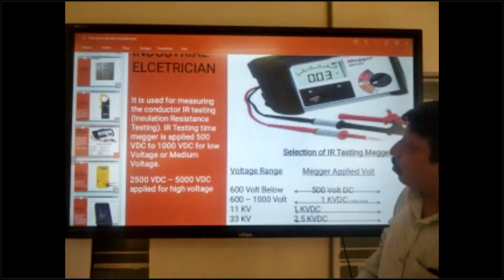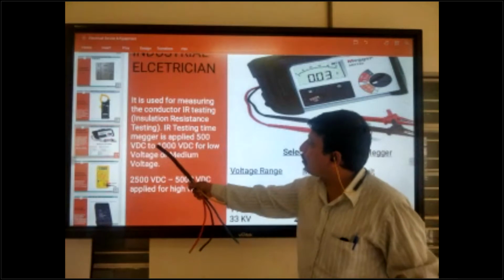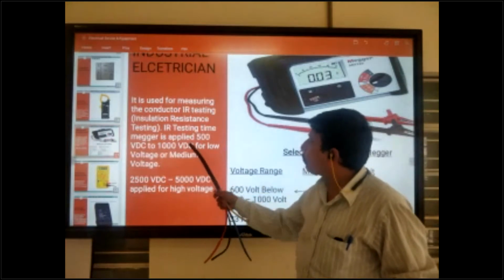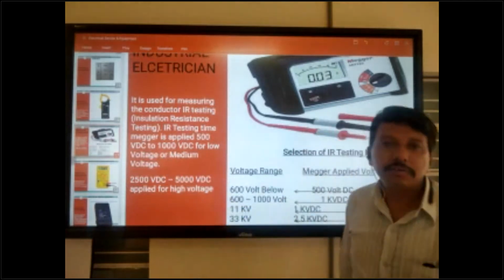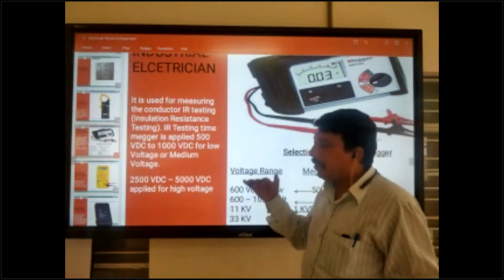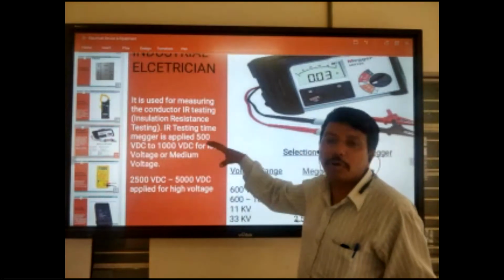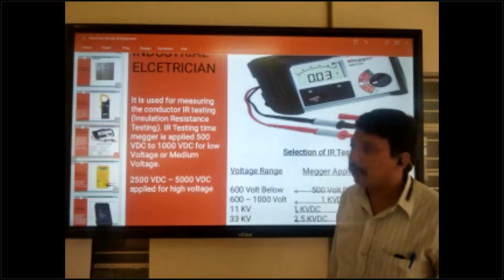Mostly in industries or buildings, you work on medium voltage or low voltage.